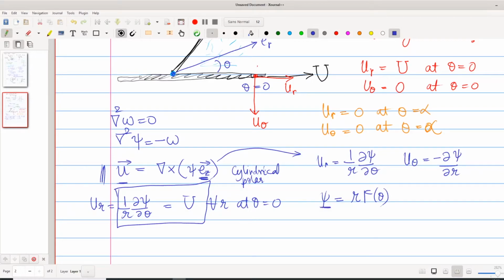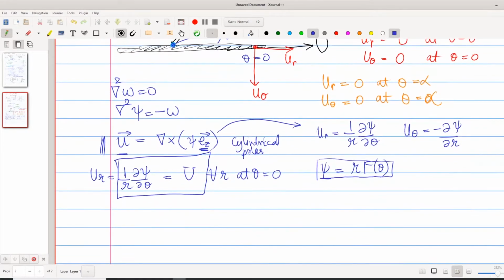It is only when psi is r multiplied by a function of theta that r will cancel from the numerator and denominator, and we will have only a function of theta equal to U. So remember this, psi will only be of this particular form. It cannot be of any other form.